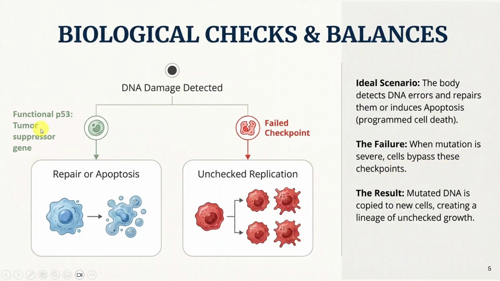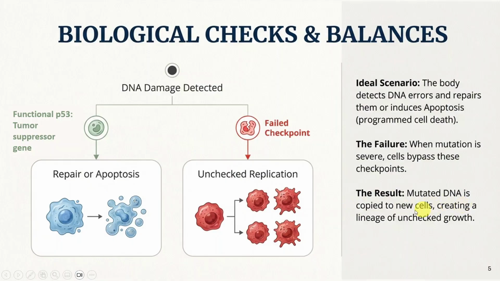So on the left, you have this functional p53, which is a fancy scientific term for tumor suppression gene. And then the cell will say, hey, there's some DNA damage. I'm either going to repair, great, or I'm going to die. Okay, so problem solved.